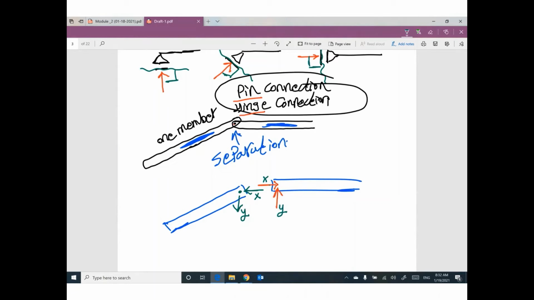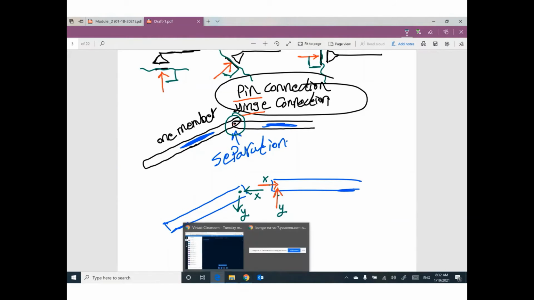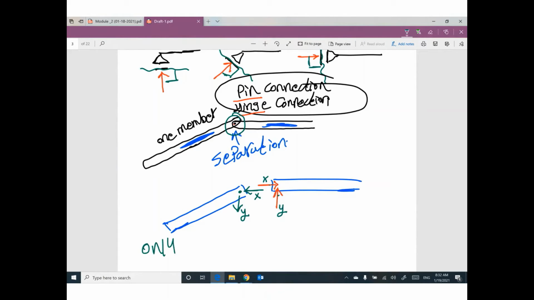If you have pin connection, if you have hinge connection, please do separation. If you do separation at this location, we have two reactions. Will be the same on the other side, same values, but opposite direction. Only for pin or hinge connection.